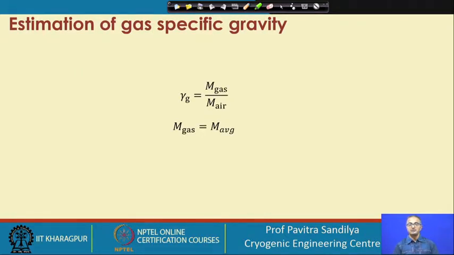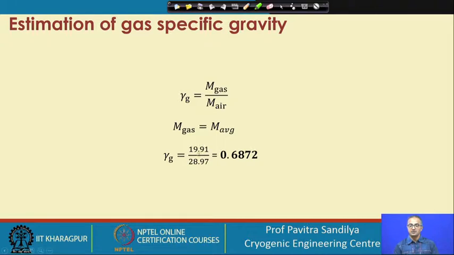Next we come to the gas specific gravity. For this we use the formula, the ratio of the molecular mass of the gas to the molecular mass of air. The mass of air is taken to be about 28.97, and the molecular mass of the gas is the average molecular weight of the natural gas.